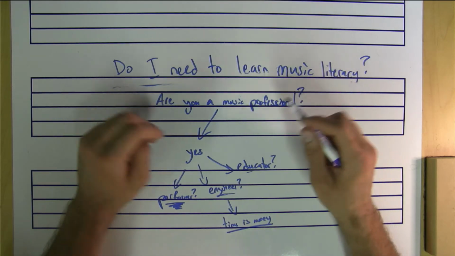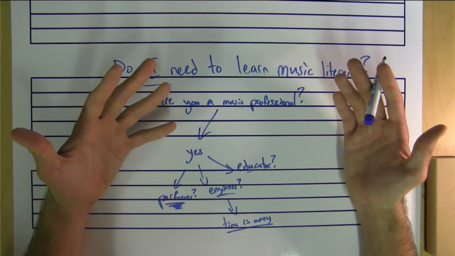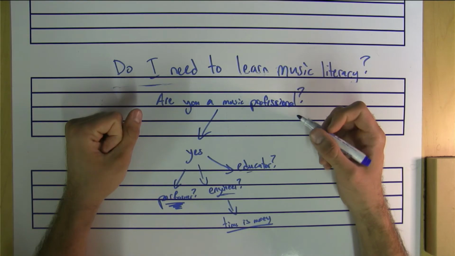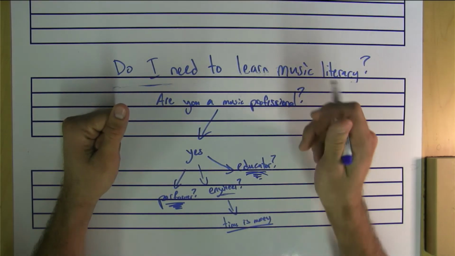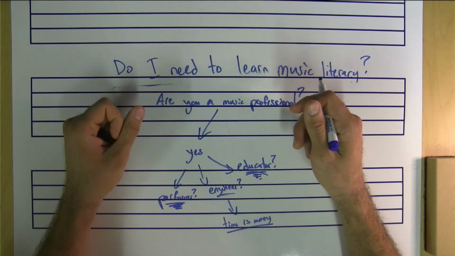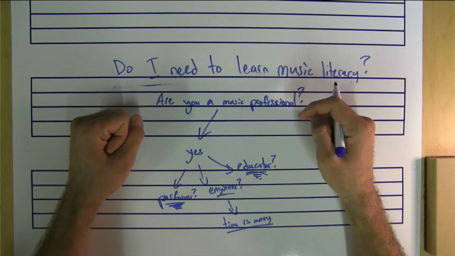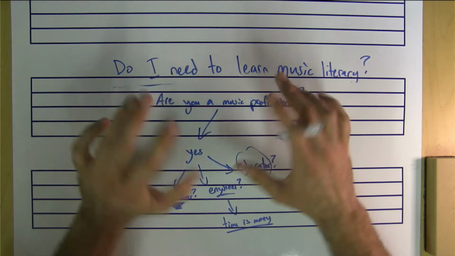So if you don't have music literacy as an educator, I don't know how that might be possible. Some strings were pulled to get you through. But I don't think most educators would think, yeah, you're being ridiculous right now. Of course we have music literacy, otherwise we wouldn't have gotten to this point. So this is probably a non-issue for most educators, but you never know.